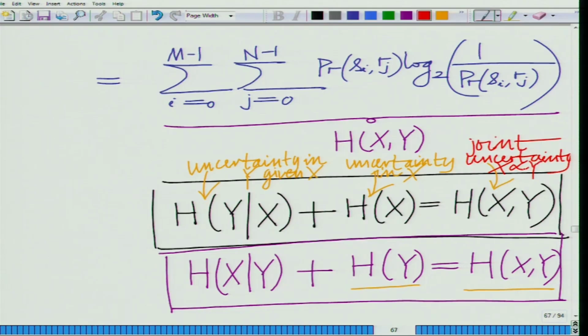So, we have the uncertainty in x plus the uncertainty remaining in y given x, that is the joint information of x and y, the joint entropy of x comma y.